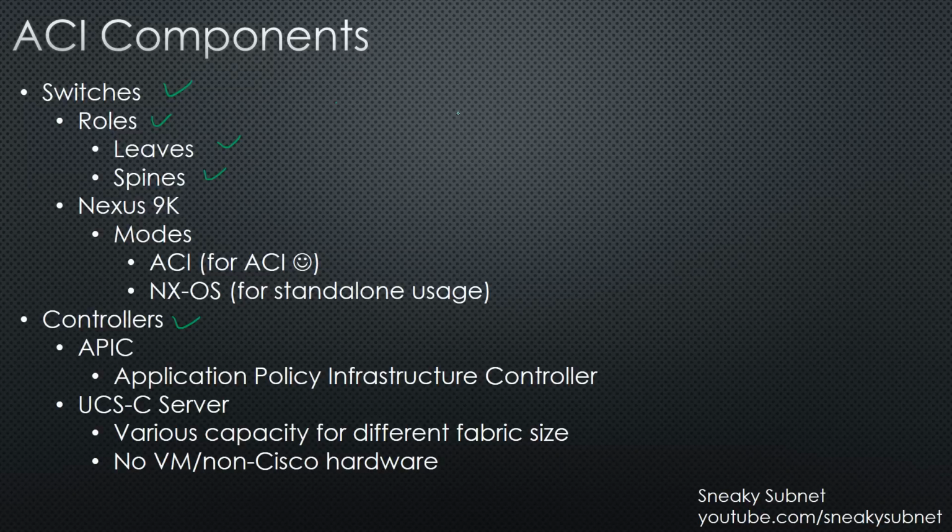So if you want to build your ACI fabric, you will buy some switches, and every switch in your fabric will have only one role. And as I mentioned before, it depends on the switch physical model. Of course it also depends on your data center design.